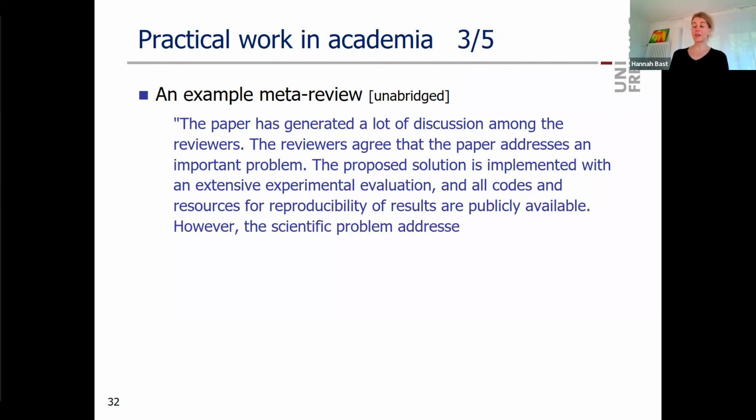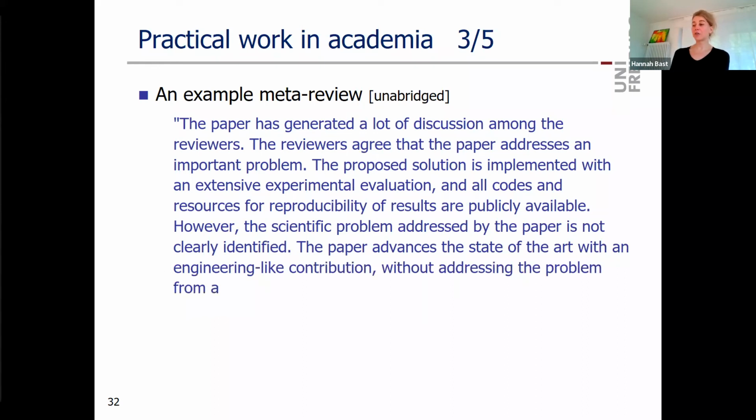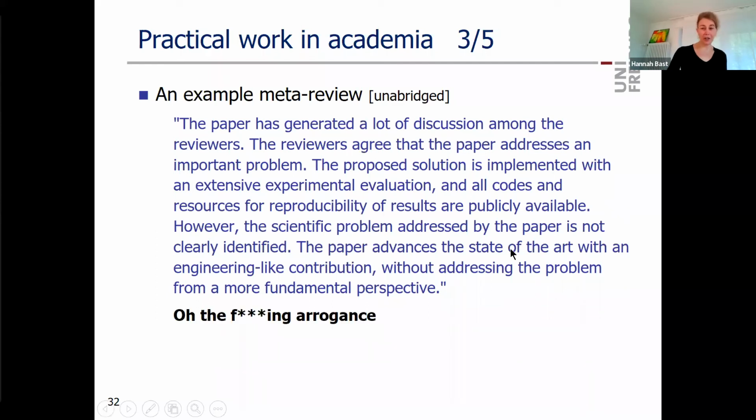Results are great. However, the scientific problem addressed by the paper is not clearly identified. The paper advances the state of the art with an engineering-like contribution without addressing the problem from a more fundamental perspective.